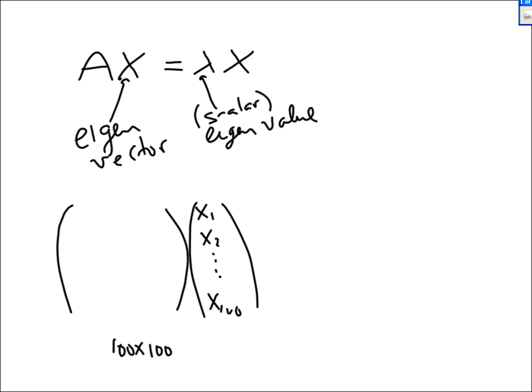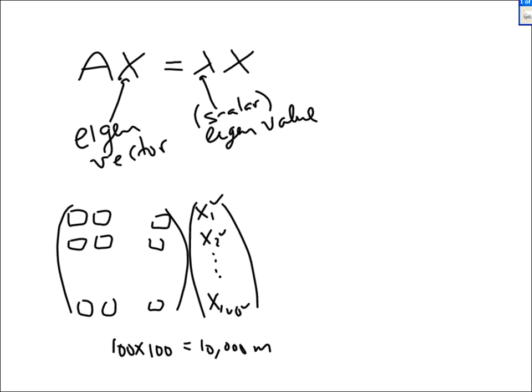You'd have to multiply this number by x1 and this number by x2, and eventually those numbers. That's 100 multiplications. And then you'd have to do 100 again, and eventually the last one, 100 multiplications. This is 10,000 multiplications. And when you dot this with x1 and that with x2, all the way to x100, you have to add them up.